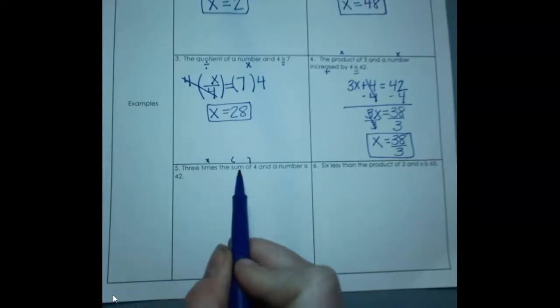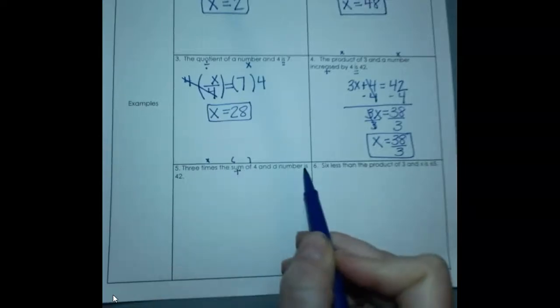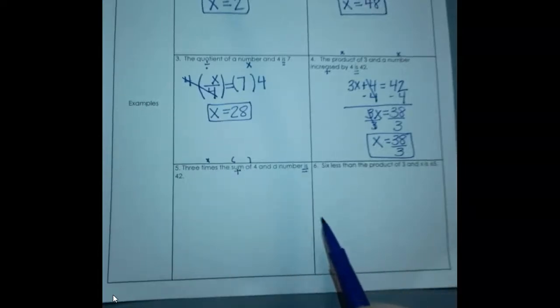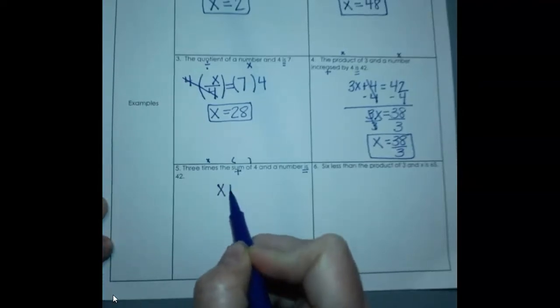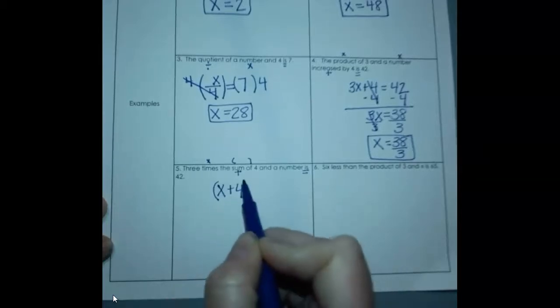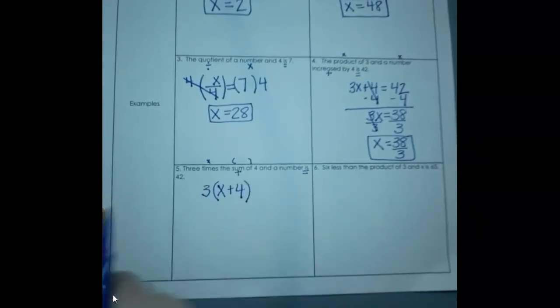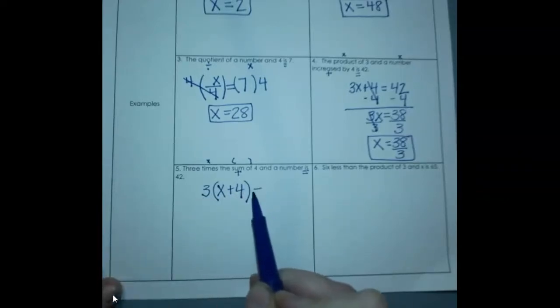So 3 times the sum of, and we're going to be adding, 4 and a number is 42. So the sum of 4 and a number, we can say x plus 4. That's the sum of 4 and a number, but I need 3 times that. There's your parenthesis, so the 3 goes in front here. We're saying 3 times the sum of 4 and a number is 42.